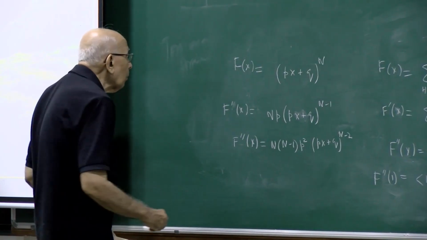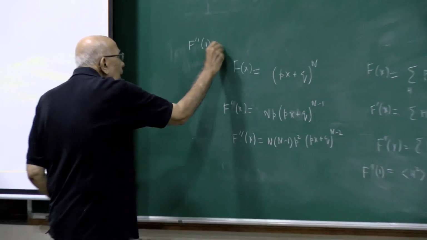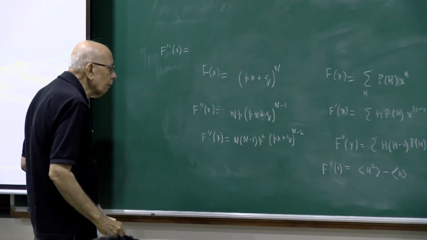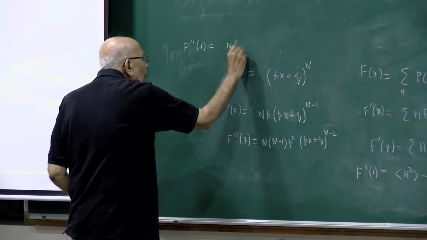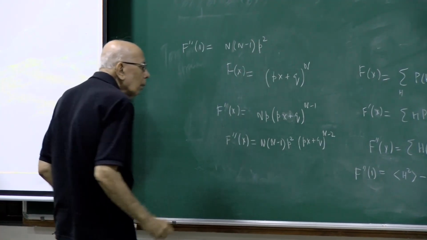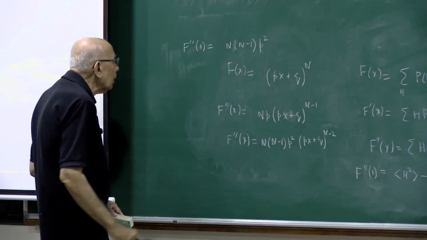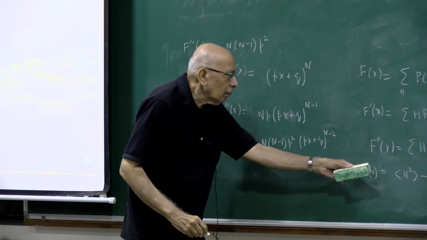What's f double prime of 1? f double prime of 1 is equal to h average squared minus h.